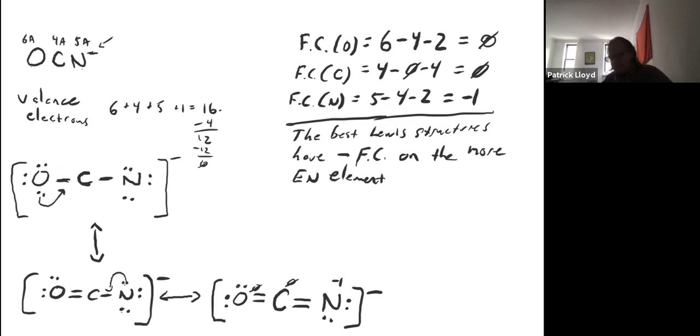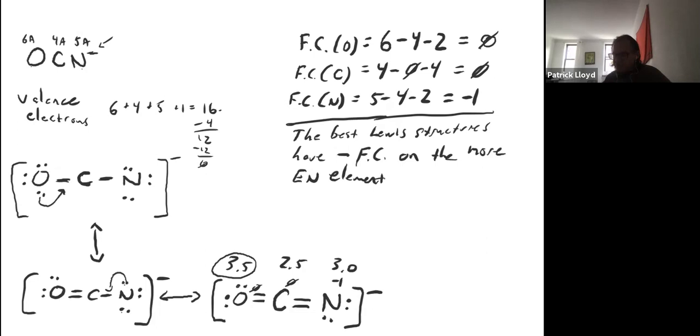And remember the electronegativity values, 3.5, 2.5, and 3.0. So we might make a criticism of this Lewis structure. And the criticism would be that, yeah, we have 0, 0, which is good, and we have -1, so it adds up to -1. But we have the -1 on the less electronegative element. The most electronegative element is the oxygen. So a -1 on that one might be better, okay?